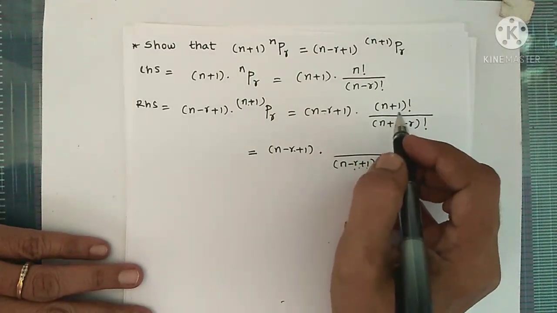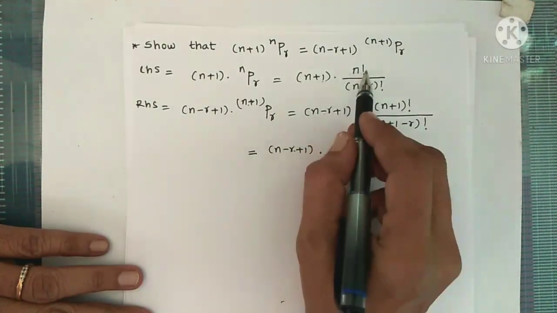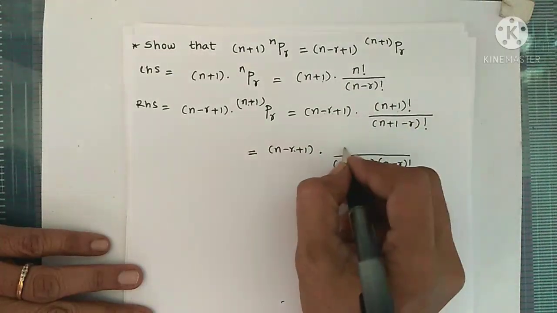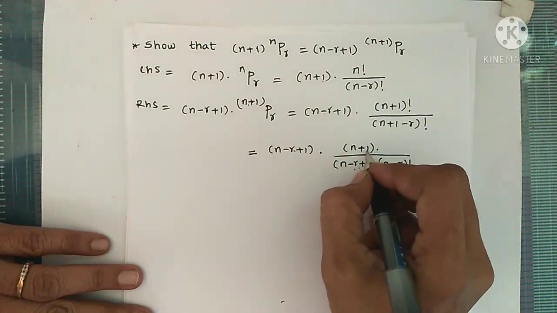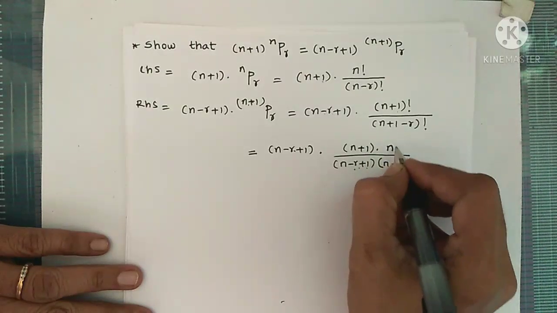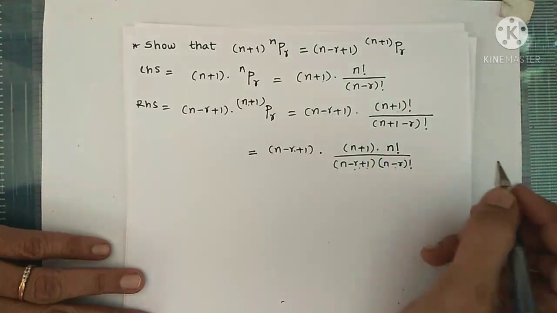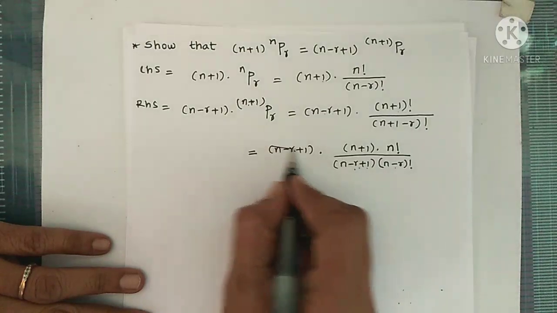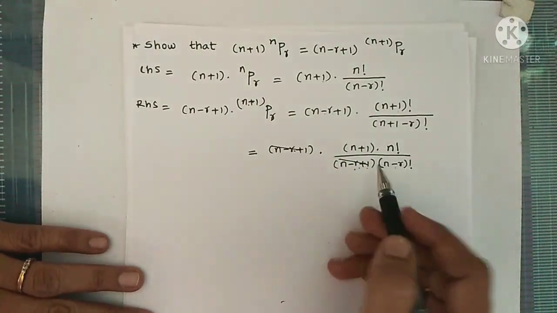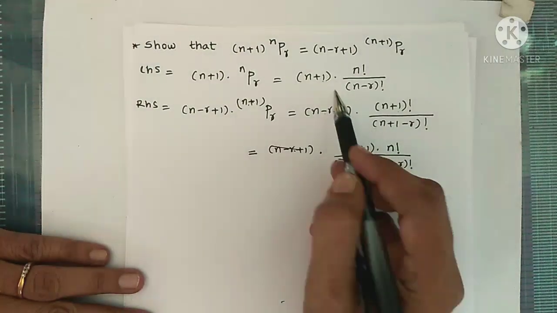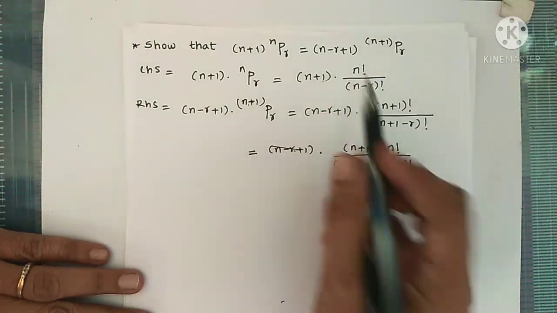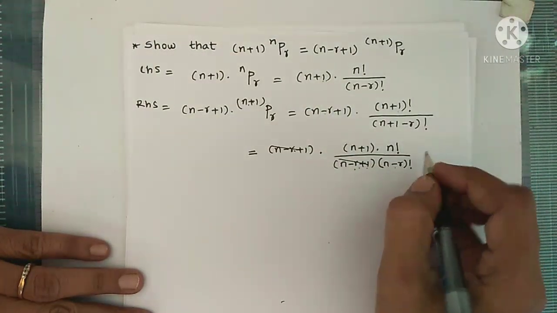Similarly, in the left hand side, we have (N plus 1) into N factorial. So this (N plus 1) factorial also we can write as (N plus 1) subtracting 1, (N plus 1 minus 1) is N factorial. So this term gets cancelled, and you can see that these remaining 3 terms are the same as the terms in the left hand side. So that is equal to the left hand side.